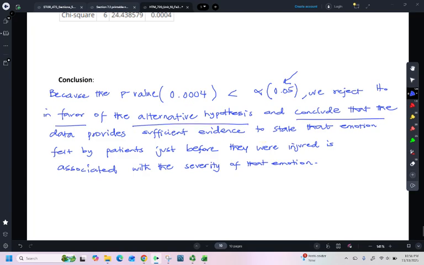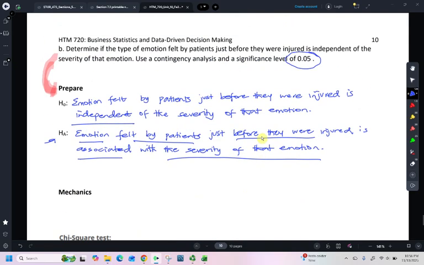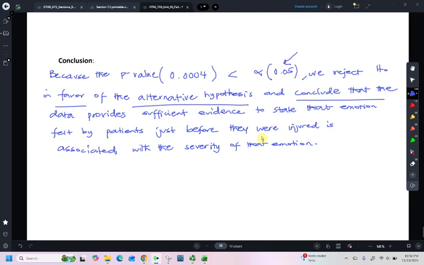And that means that we can conclude on the alternative, which is that the sample data provides sufficient evidence to conclude that the emotion felt by patients just before they were injured is associated with the severity of that emotion. So very, very crucial. And that brings us to the conclusion of that test.